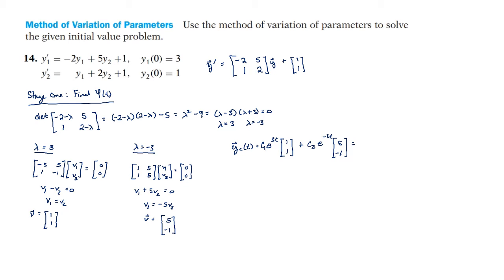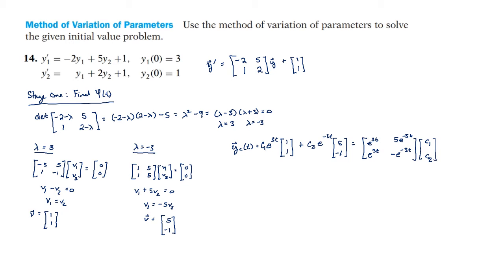Rewriting this, I've got e to the 3t and e to the 3t in column 1. In column 2, I've got 5e to the -3t and minus e to the -3t. My column vector on the outside has my arbitrary constants.